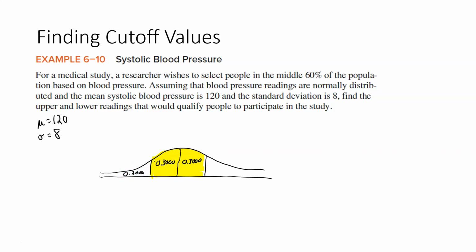So that's going to be one of my reverse lookup values. I'm going to want to look up what's in here. I want to know what's to the left of this line, and I'll find a z-score from there. The other thing I'm interested in is what's to the left of this other line. I've got 30% here, 30% here. That's 60, so 80%.